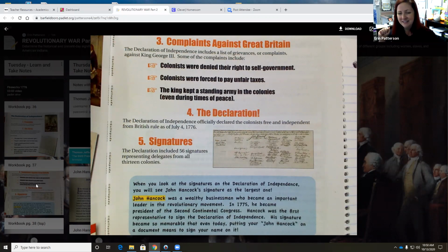And Ben Franklin said, well, we'll either all hang together or we will surely hang apart. Meaning that each of the delegates signing that piece of paper knew that in the eyes of the king and in the eyes of Great Britain or England, this was an act of treason.